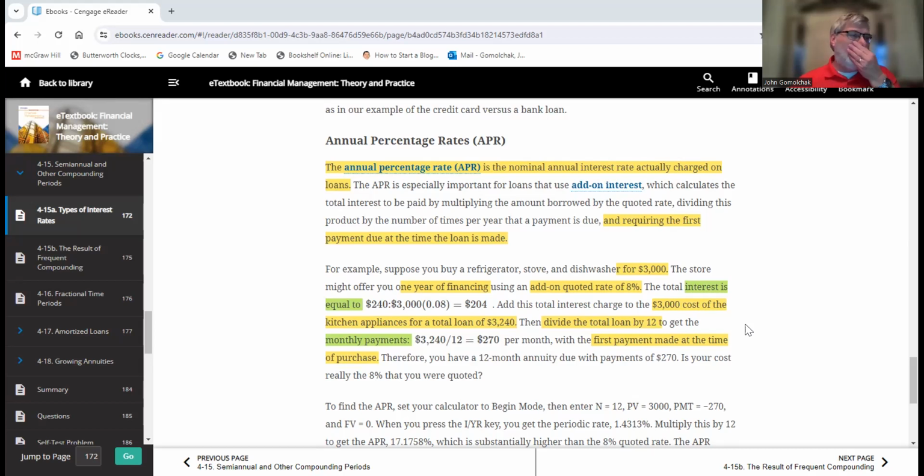For example, suppose you buy a refrigerator, a stove, and a dishwasher for $3,000. The store offers you financing for 1 year and an add-on quoted rate of 8%. The total interest then is $240, which is very simple. $3,000 times the 8% gives you $240.